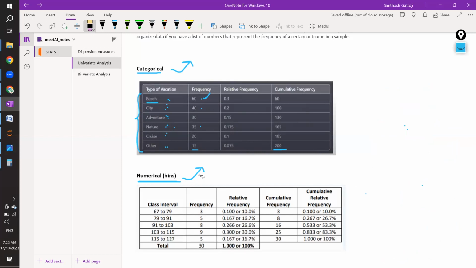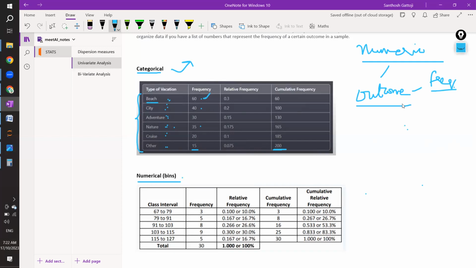Now here in the numeric scenario, here also you need two things: one is outcome and frequency of each outcome. But what are the possible outcomes? Possible outcomes are 10,000. No, sorry, not 10,000.